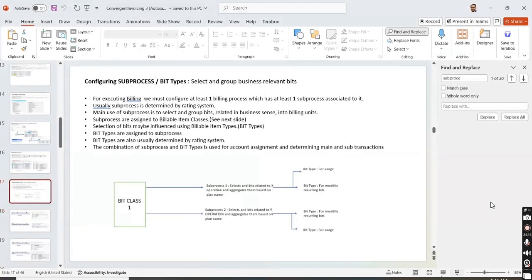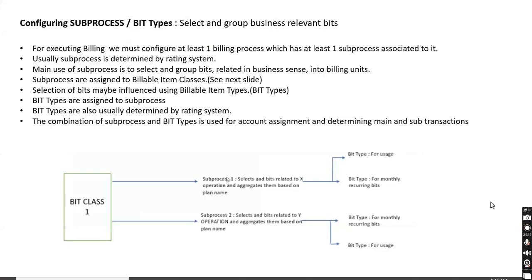So here in this example, I'm giving a real example. Say Disney Hotstar is providing me multiple plans. This is one plan, this is another plan. In this plan, you can watch all items of Disney Hotstar.